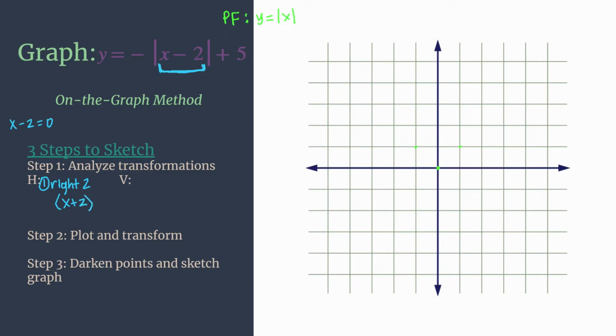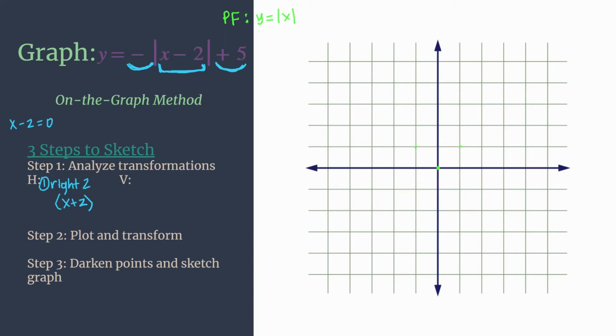Now let's move on to our vertical transformation, which affects our y coordinates, and we should be applying them in PEMDAS order, and we do have multiple here, so that's really important. Okay, this negative out front you can think of as a -1, if that helps. Remember, negative signs will reflect, and since this is a vertical reflection, it will reflect over the x-axis. And then this plus 5 is also a vertical transformation. It'll shift us up 5.